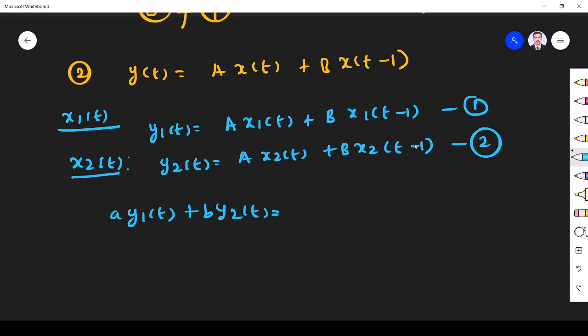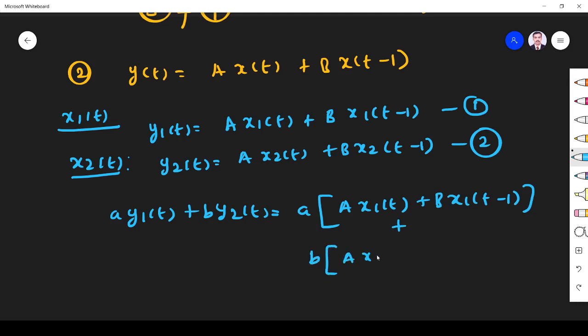So scale equation 1 by a and equation 2 by b. So a into (a x1 of t plus b x1 of t minus 1) plus b into (a x2 of t plus b x2 of t minus 1). This is equation number 3.